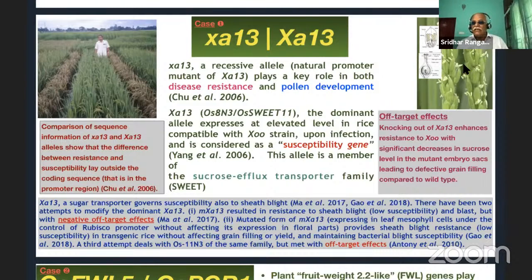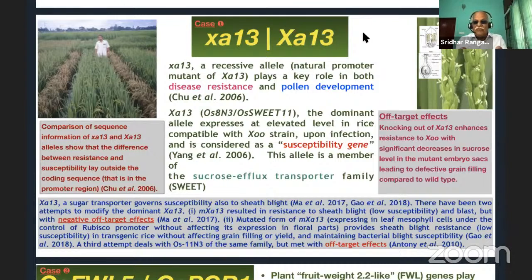As you see here in the floral parts, the sugar transportation is essential for pollen development. Suppose, forgetting about the natural mutation, you want to genetically handle XA13, the susceptible one. This is called a susceptibility gene.